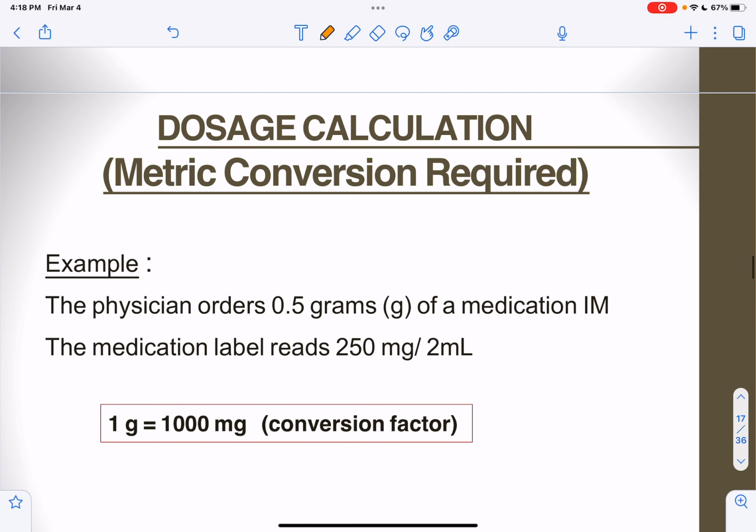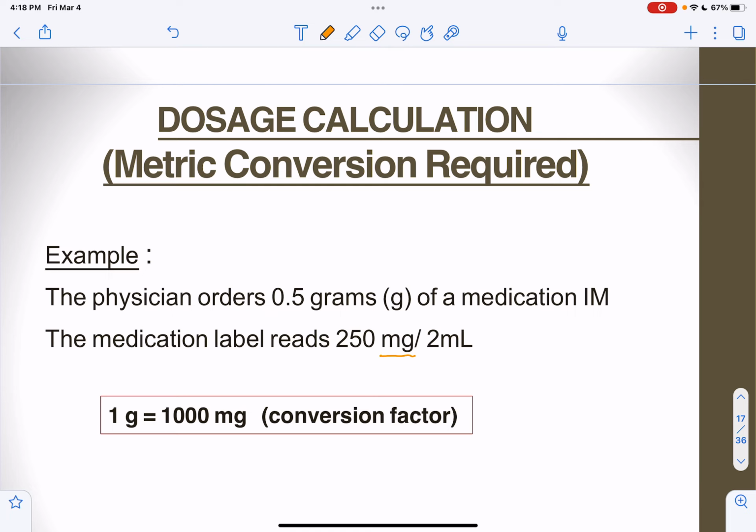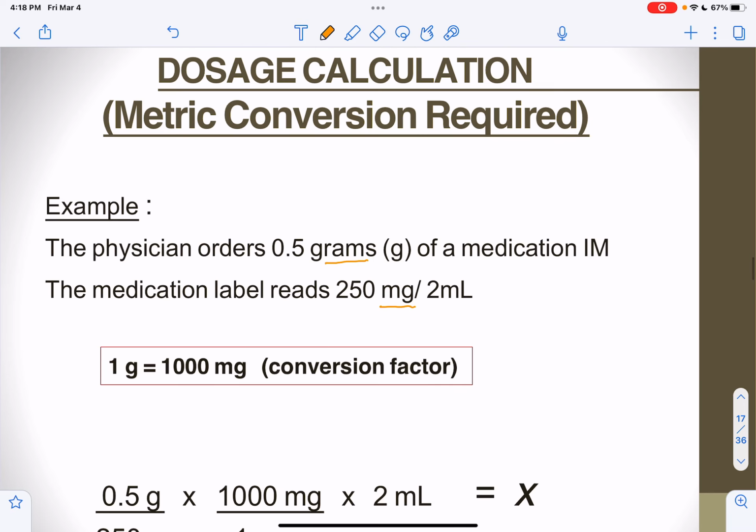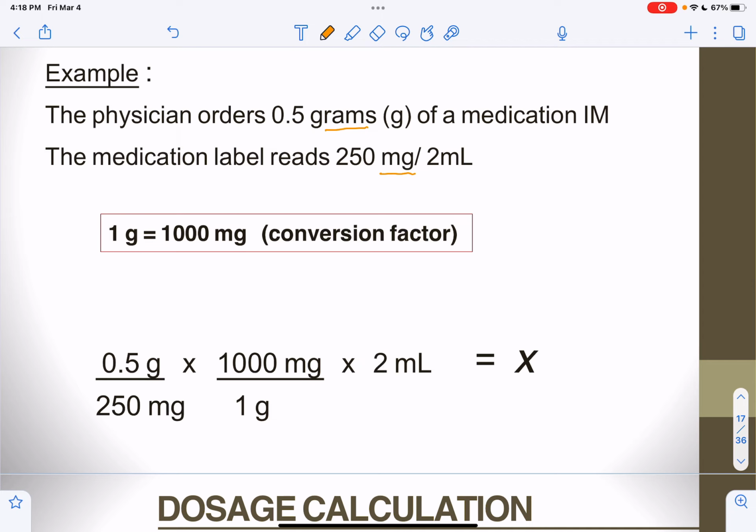Okay, so for example, the physician orders 0.5 grams of a medication to be given IM, and the label on the medication says that it's measured in milligrams. So we need to convert milligrams to grams. And we can do that because 1 gram equals 1,000 milligrams. Okay, so we're going to set it up like this.